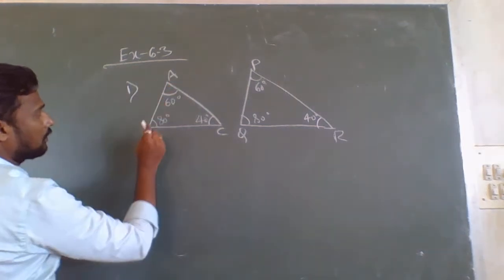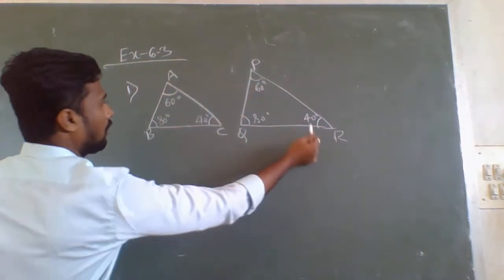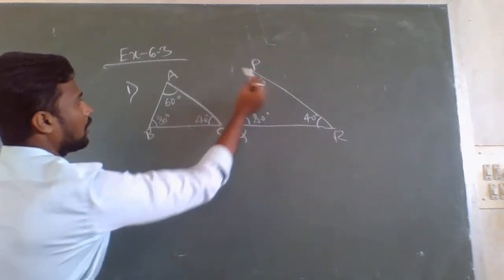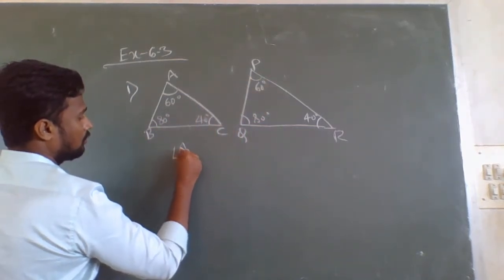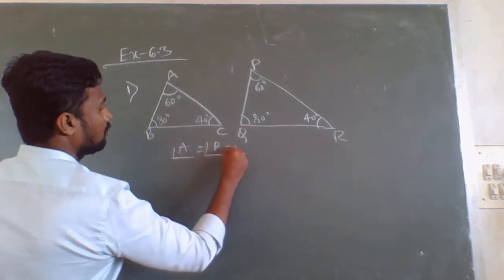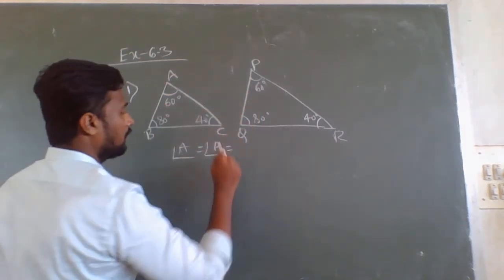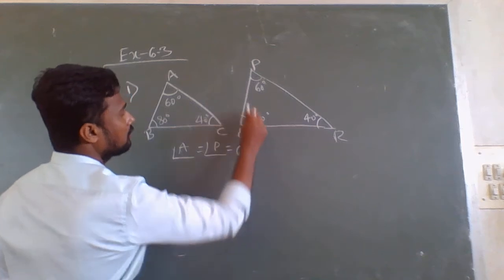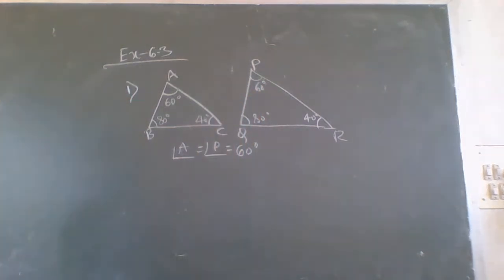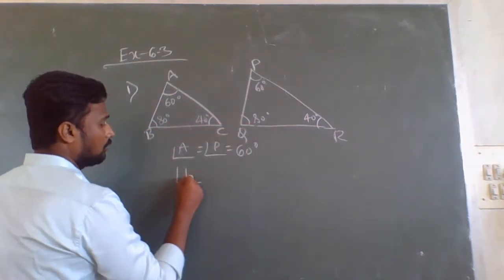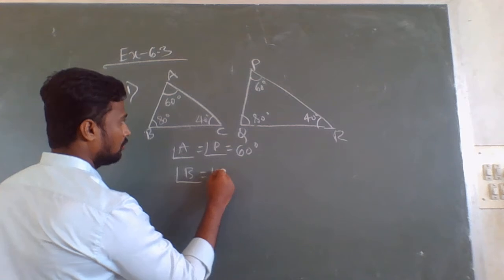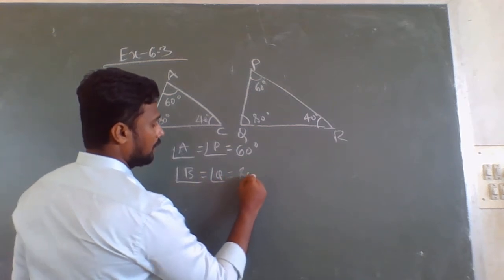Here in triangles ABC and PQR, angle A is equal to angle P because this is 60 degree and here this is also 60 degree. Angle A is equal to angle P. Like this only, angle B is equal to angle Q because both are 80 degree.